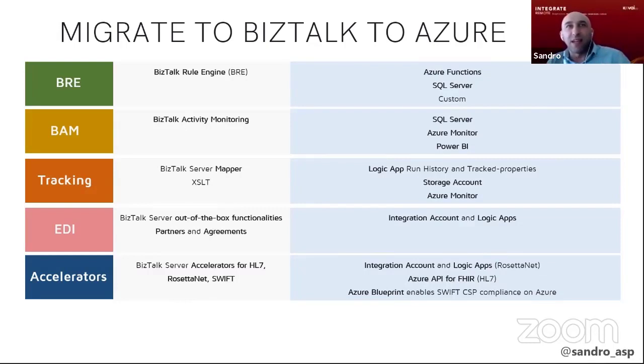I don't think there is anything out of the box with Logic Apps. The closest we have is Azure API for FHIR. And for SWIFT, the only thing I find related is Azure Blueprint. I'm not really a SWIFT expert here, but this is the closest I found.